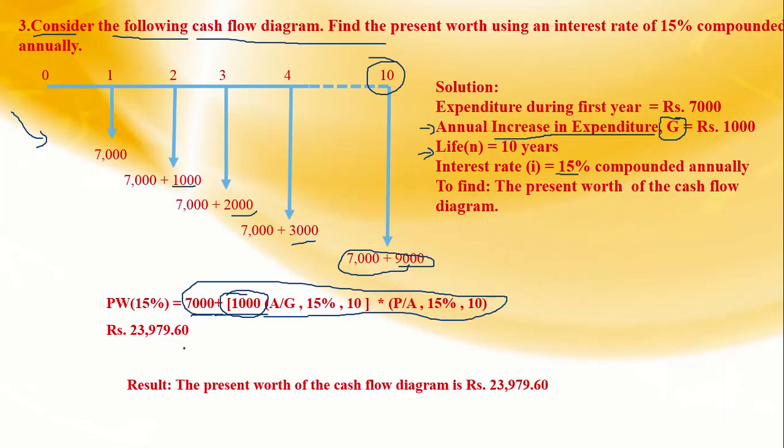So this is the formula. This is a general rule, like a syntax. Now if you solve this present worth of 15%, you get rupees 23,979.6. So the result is that the present worth of the cash flow diagram is 23,979.6 rupees.